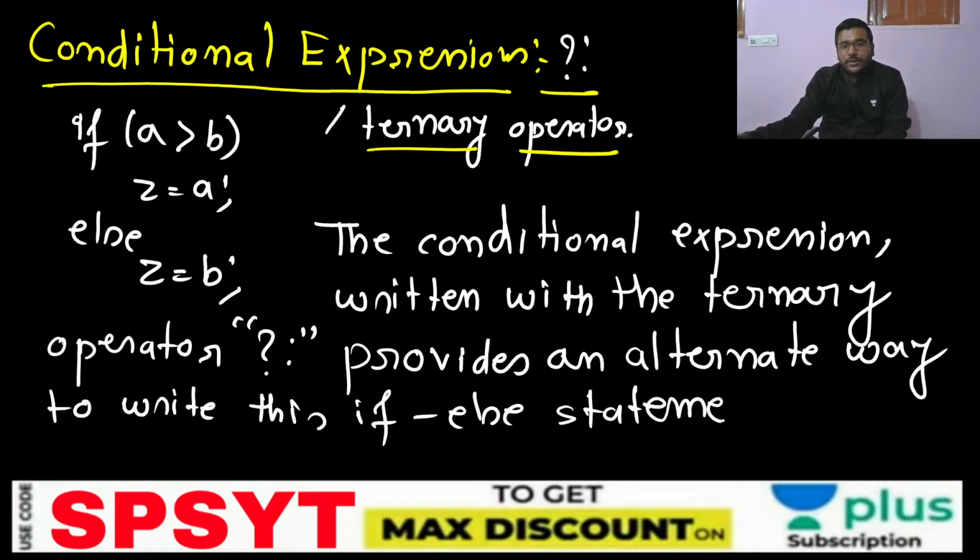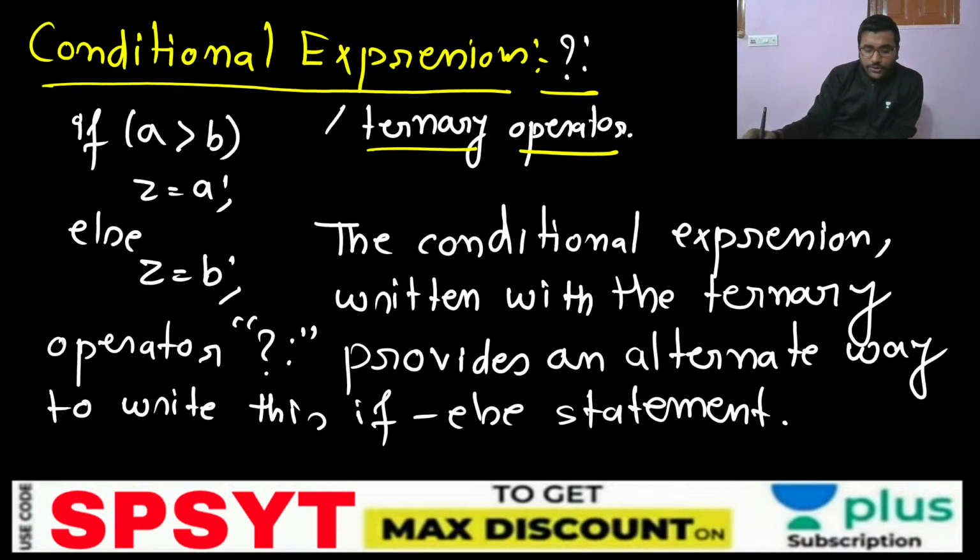Okay. So the conditional operation that is like this, that is even called as ternary operator. If you are saying if A greater than B, then Z is equal to A, else Z is equal to B. So the conditional expression written in ternary operator like this provides an alternative way to write this if else statement.